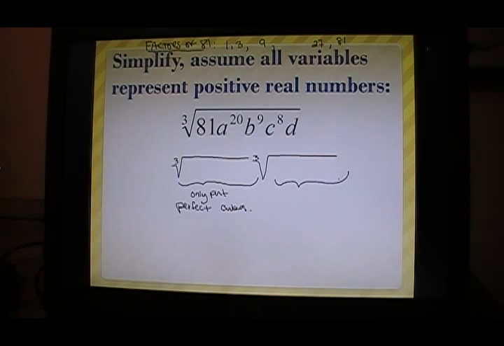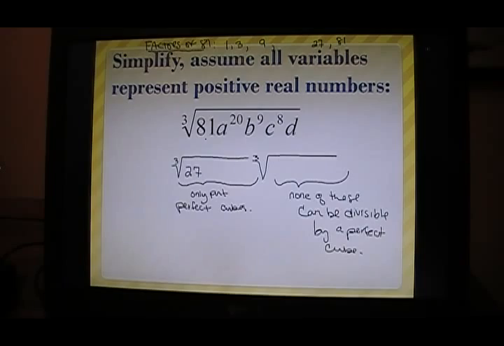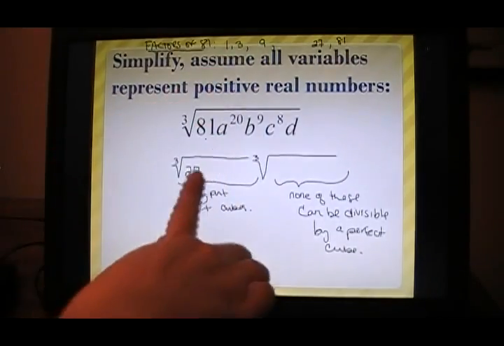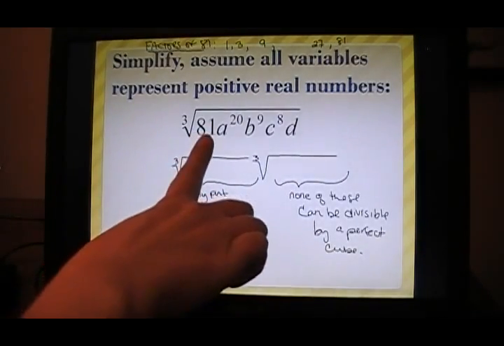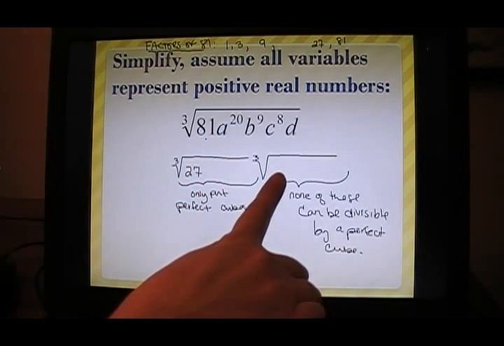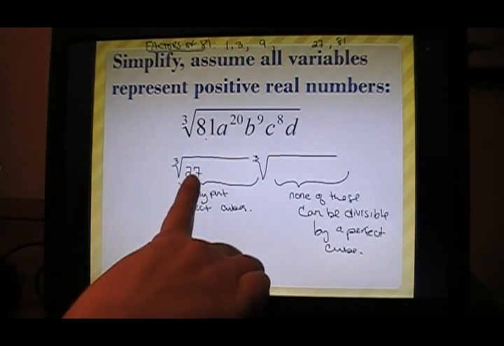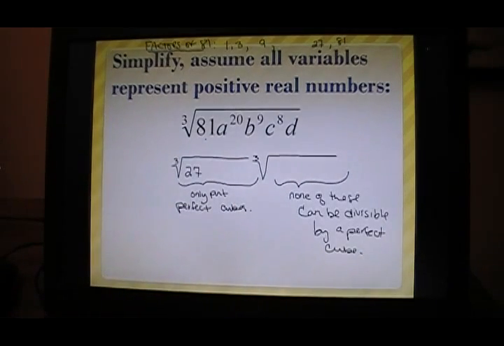And we can't put any number that's divisible by a perfect cube. Okay? None of these can be divisible by a perfect cube. So we found 27 is a perfect cube that goes into 81, and it has to go into 81 because the product of these has to be 81. So the number that I multiply 27 by to get 81 is 3.